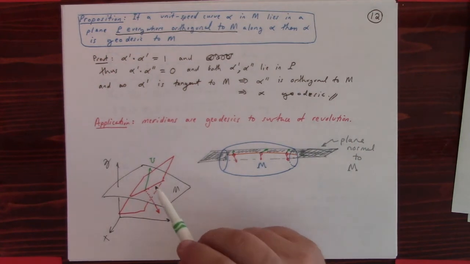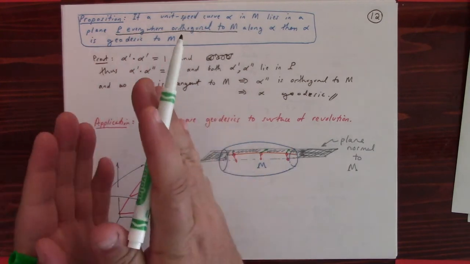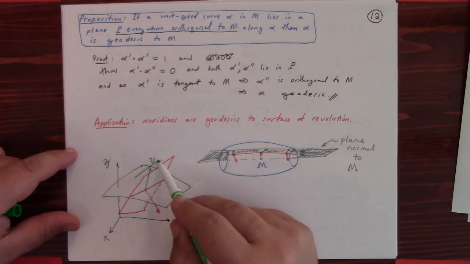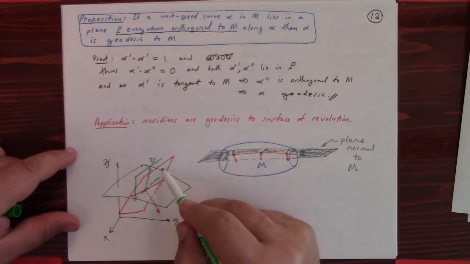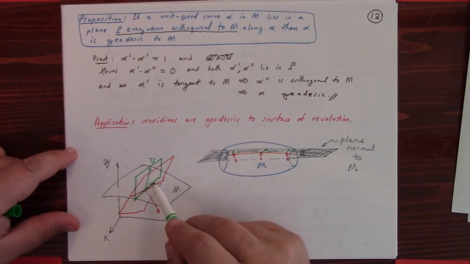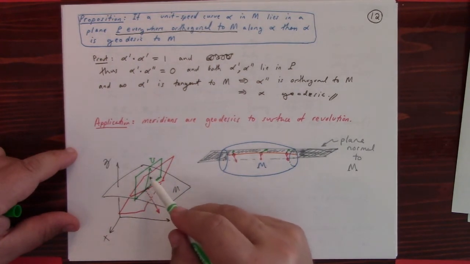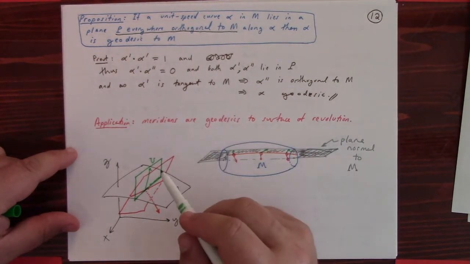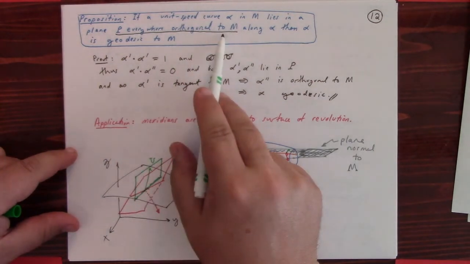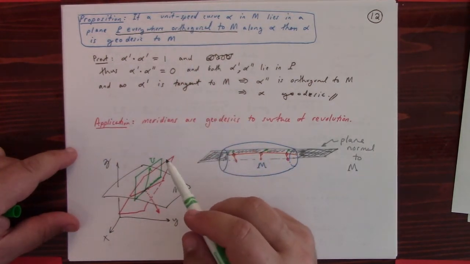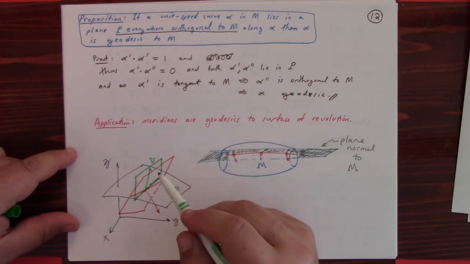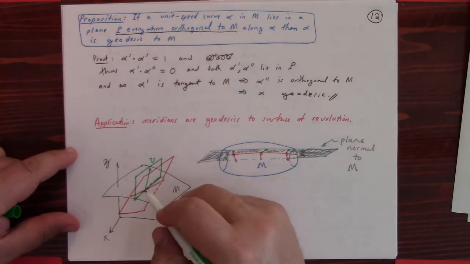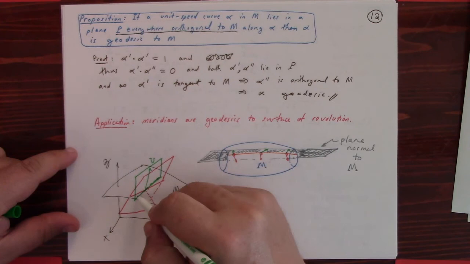I could take a different plane, take that red plane and tilt it like that, and that might give me something more like that. If I did that exactly right, then the plane would be everywhere orthogonal to M. Another way you could say that is that the plane contains the unit normal to the surface at each point along its curve of intersection as a tangent vector.